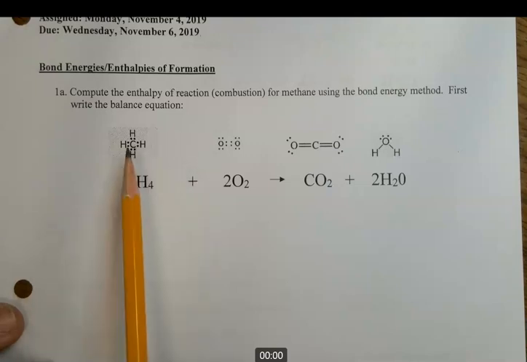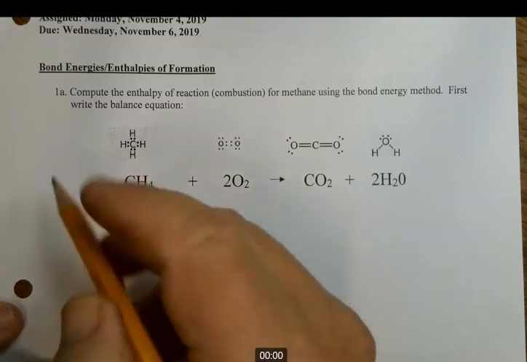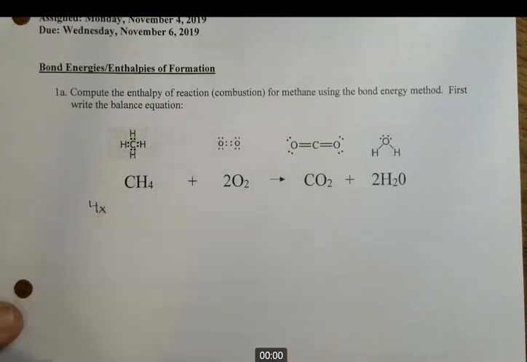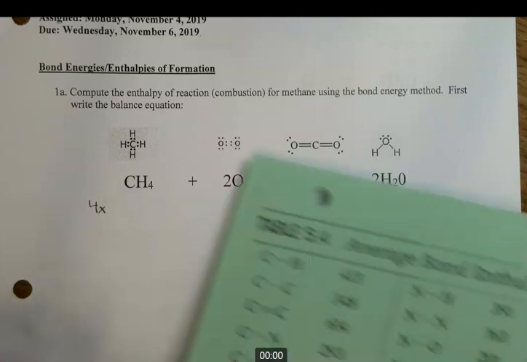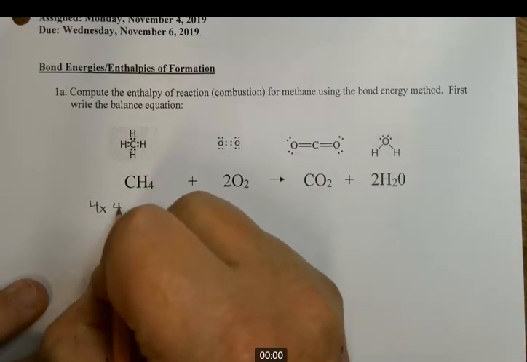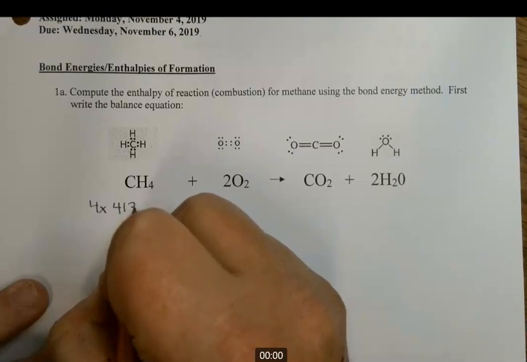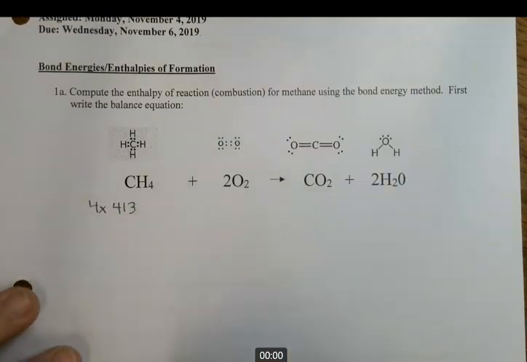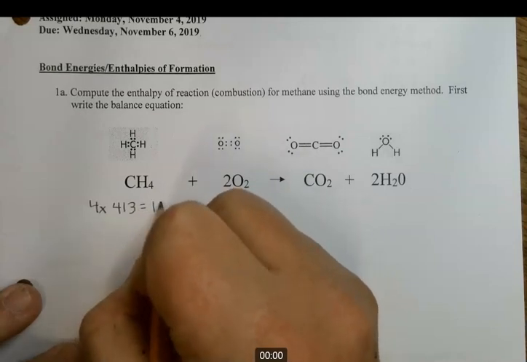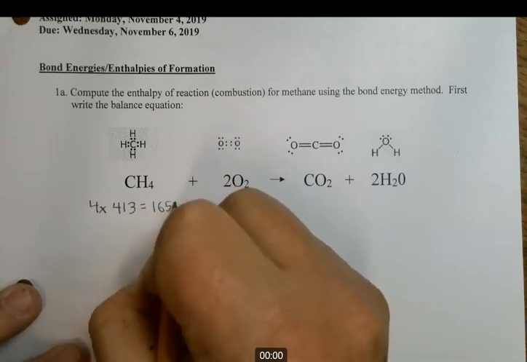So that means we have 4 carbon-hydrogen bonds. So that becomes 4 times the carbon-hydrogen bond, if you go to the green sheet, is 413. And that's going to give us a number of 1,652 kilojoules.